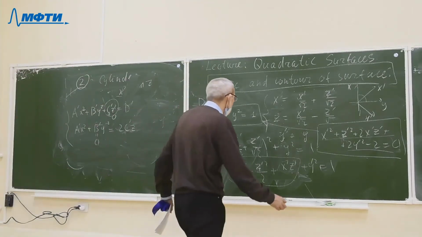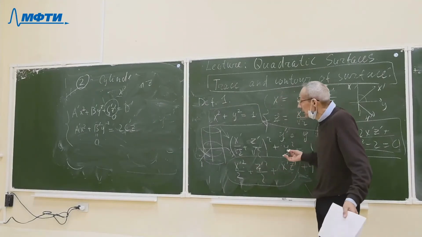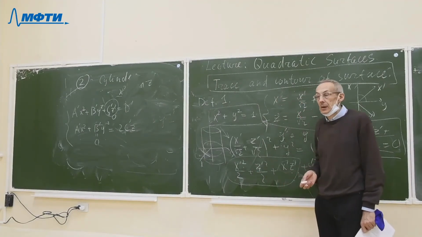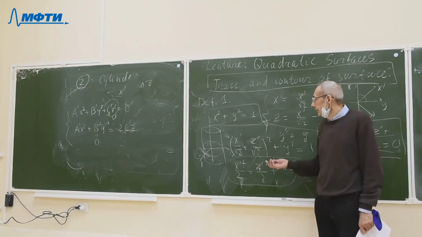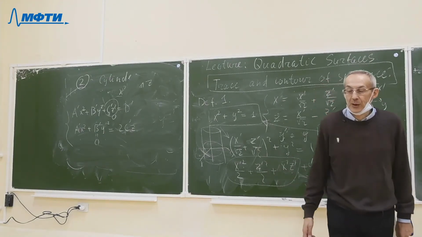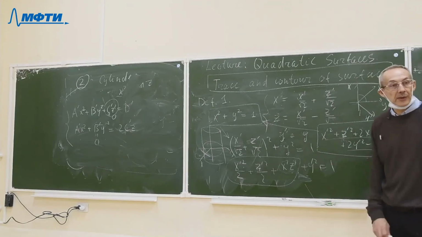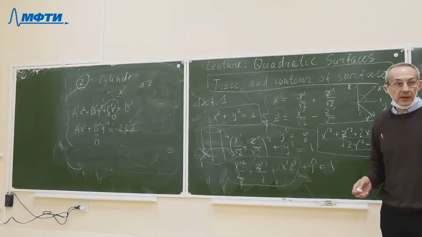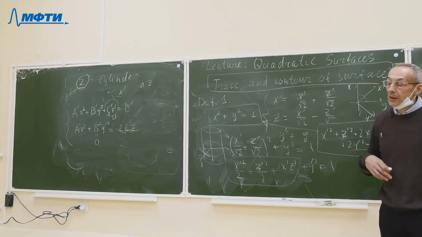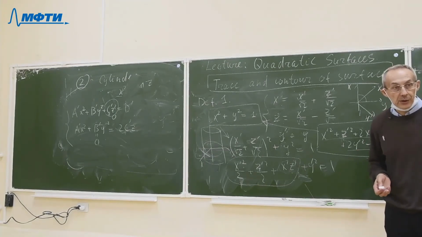But if we have an arbitrary equation, we cannot immediately understand what surface is defined by this equation. We have some sufficient conditions, and we can check them.